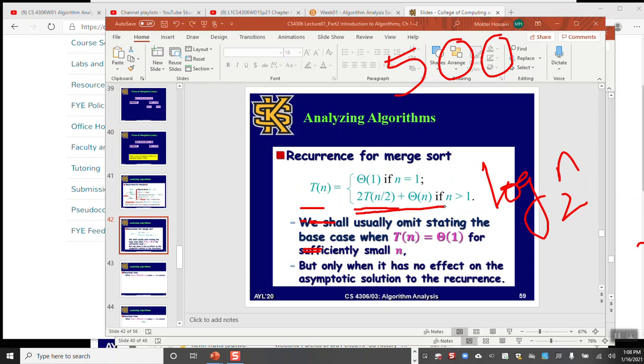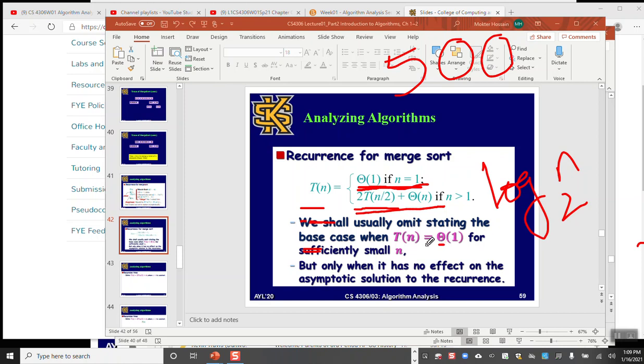This starting part is called the base part. For a recursive algorithm, we know that there is a base case. Every recursive algorithm has a base case, right? So for the base case, we say T(n) equals theta 1.